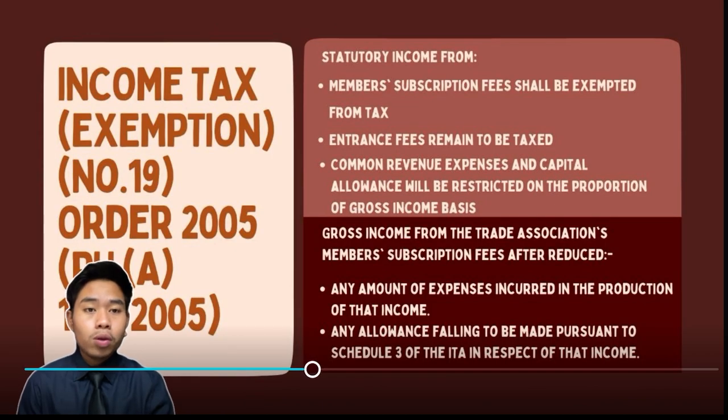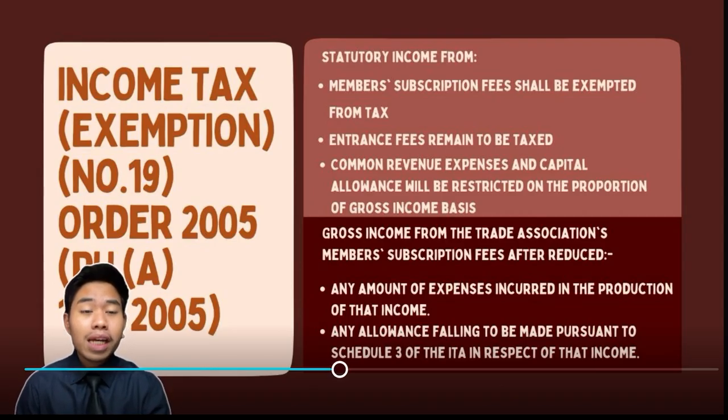Income tax exemption. As we know, the sources of income are from subscription and interest fees. So, statutory income from member subscription fees shall be exempted from tax, and interest fees remain to be taxed. Besides that, common revenue expenses and capital allowance will be restricted on the proportion of gross income basis.